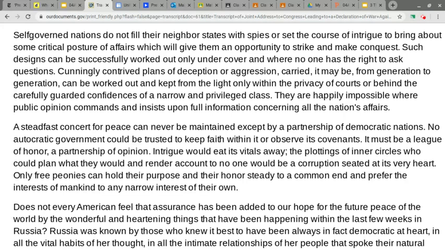Cunningly contrived plans of deception or aggression, carried, it may be, from generation to generation, can be worked out and kept from the light only within the privacy of courts or behind the carefully guarded confidences of a narrow and privileged class. They are happily impossible where public opinion commands and insists upon full information concerning all the nation's affairs.